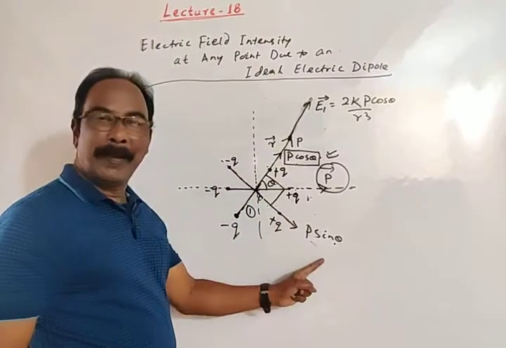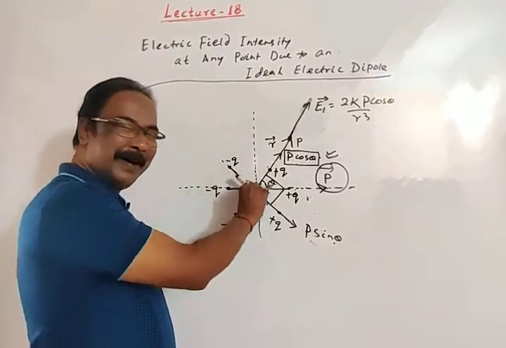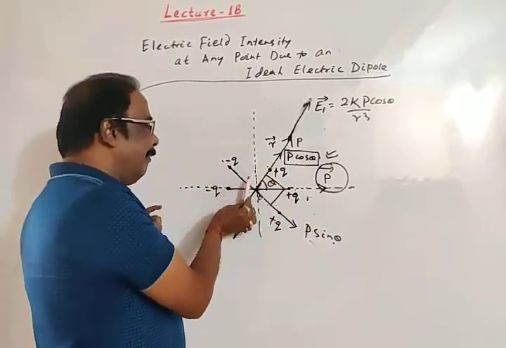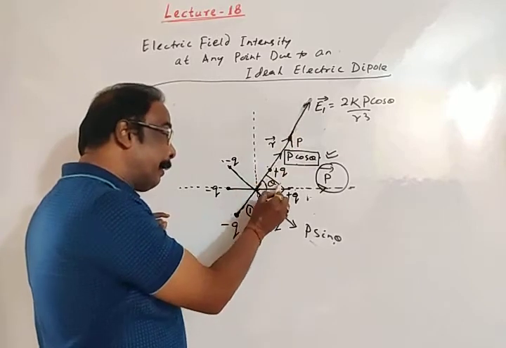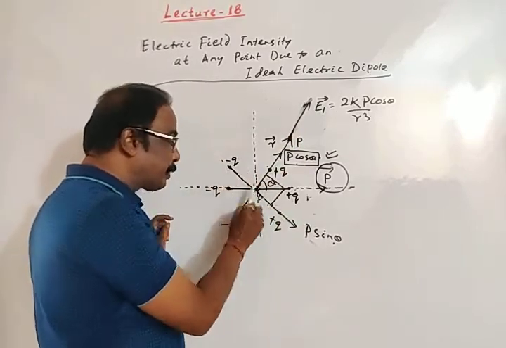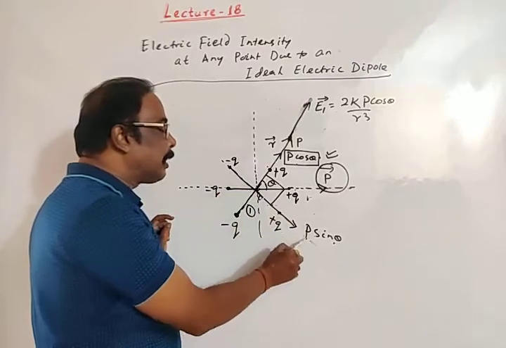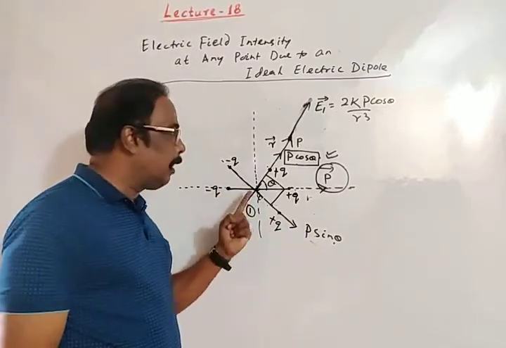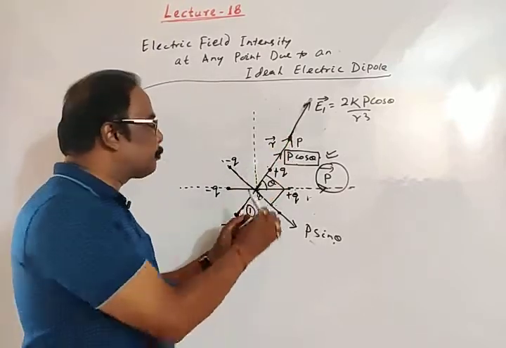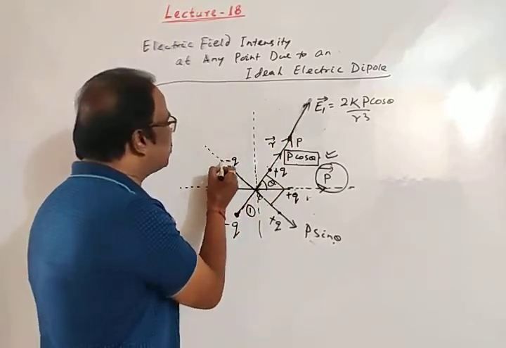This is the direction of the dipole moment, which is from minus q to plus q. For this dipole, the reference line is perpendicular to the axial line. If this is a dipole minus q and plus q, and its dipole moment is P sin theta, then this reference line means the position vector is perpendicular to the axial line.